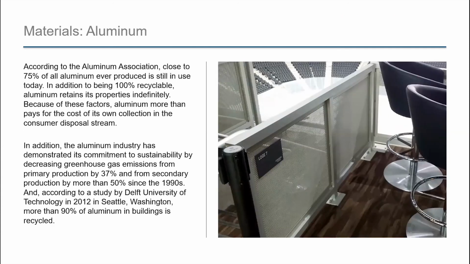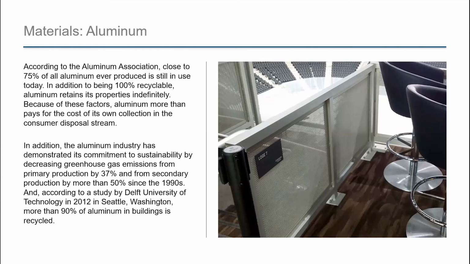As for aluminum, according to the Aluminum Association, close to 75% of all aluminum ever produced is still in use today. In addition to being 100% recyclable, aluminum retains its properties indefinitely. Because of these factors, aluminum more than pays for the cost of its own collection in the consumer disposal stream.